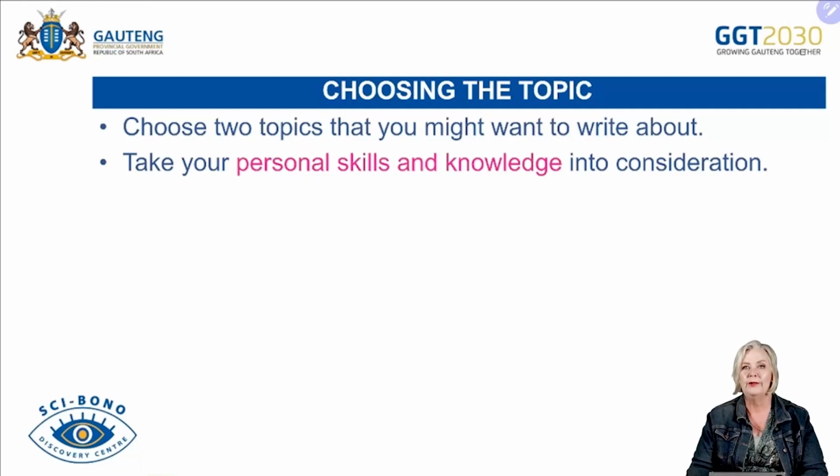Or if you are good at telling stories, then you might want to write a narrative essay. Remember that your essays are not limited to a narrative or descriptive or an argumentative essay. You can incorporate different styles of writing into one essay.